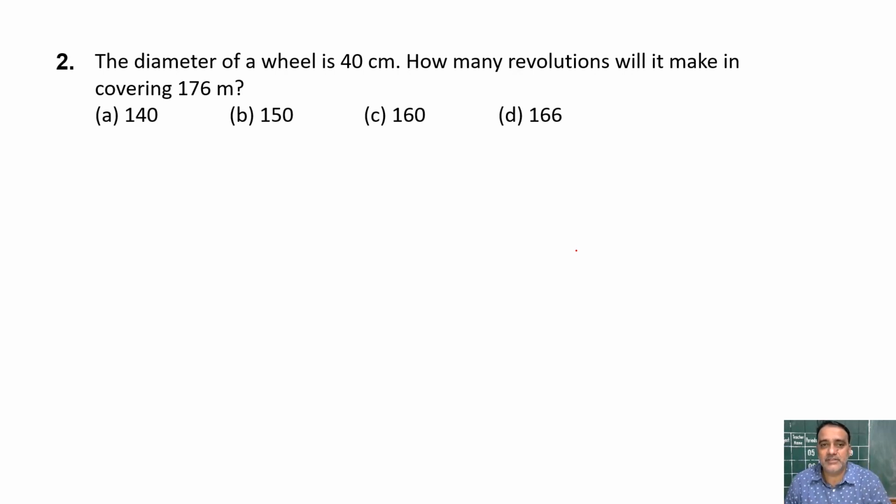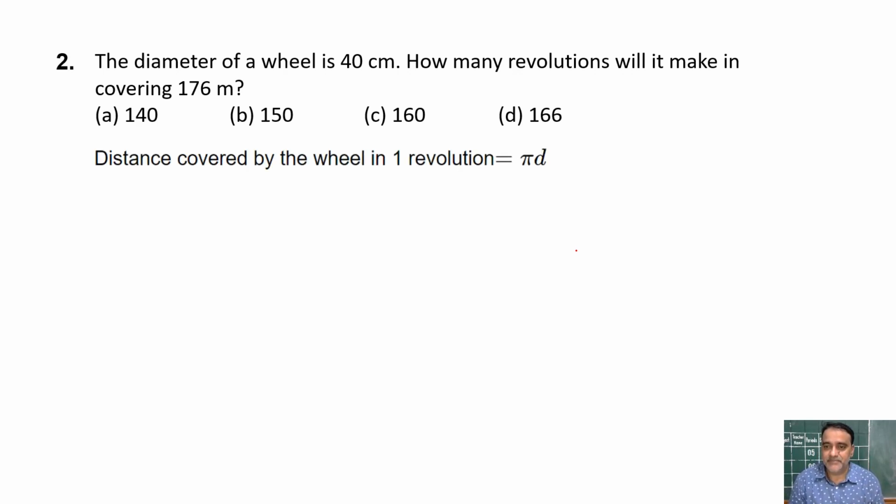Since the diameter is given, we can directly use the formula circumference as pi into d. So distance covered by the wheel in one revolution is pi into d, and the diameter is given, 40. So 22 by 7 into 40 centimeter. See, the total distance is given in meter and this is centimeter, so we have to convert it into meter.